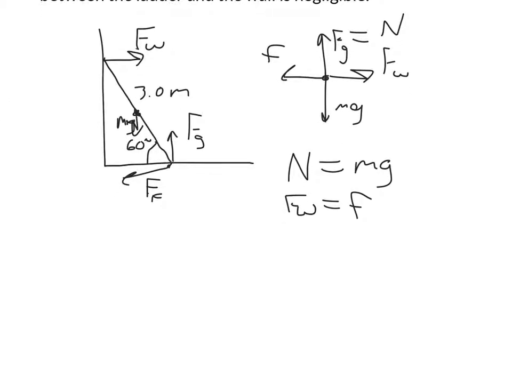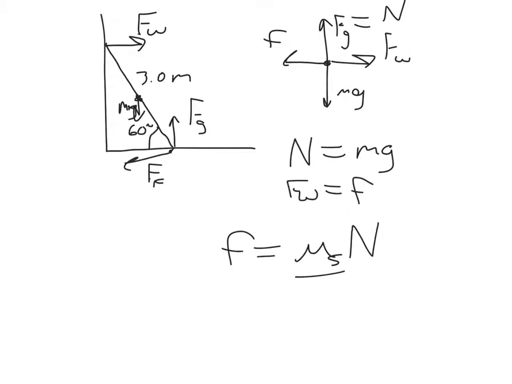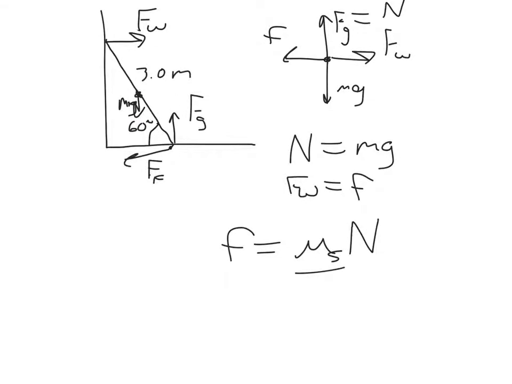And if we have the friction formula, the force of friction is equal to mu times the normal. And I believe mu static, because this is not moving, is what we're looking for. What is the coefficient of friction? So if I rearrange this, I'm going to divide by n.